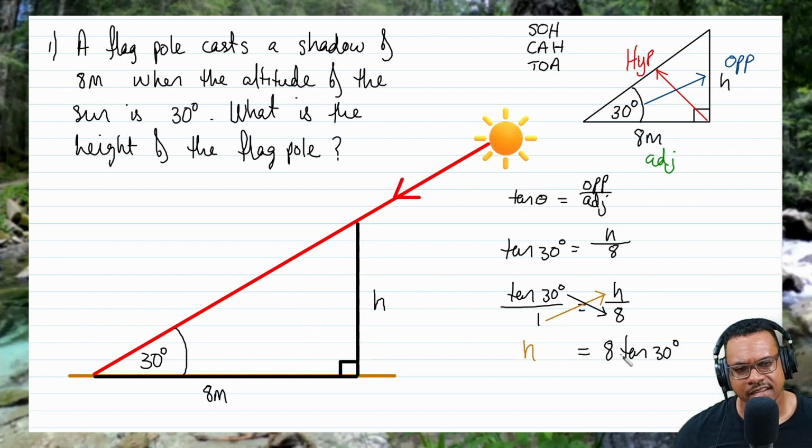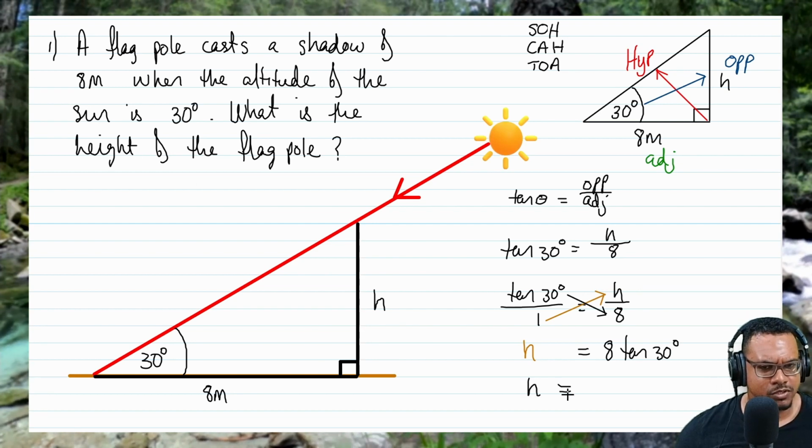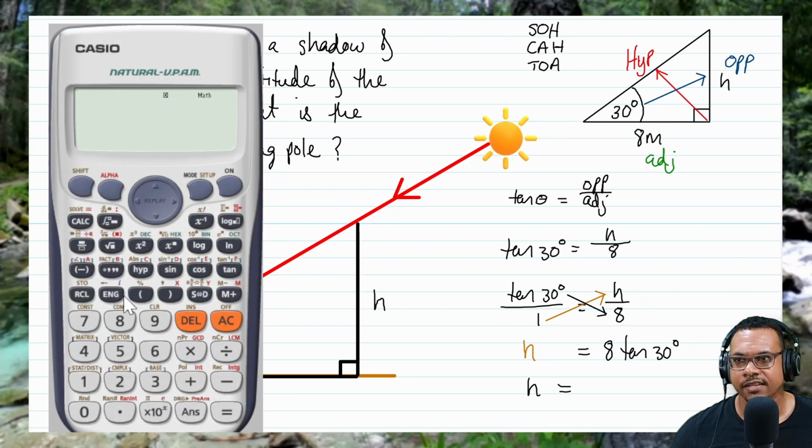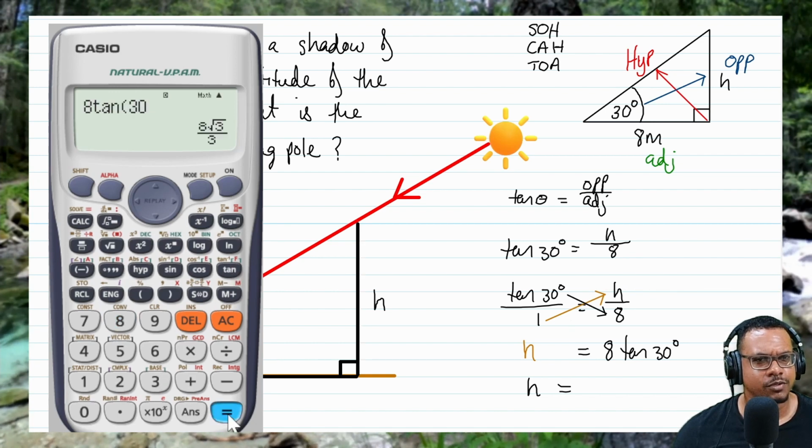So we just have to go to our calculator and type in 8 tan 30. Make sure the calculator is on degrees. I'll write H is equal to, all right, so I have my calculator up. It's on degrees. If you can see this D on the top here, it's on degrees. So let's type in 8 tan 30, press equal. Let's change this to decimal.